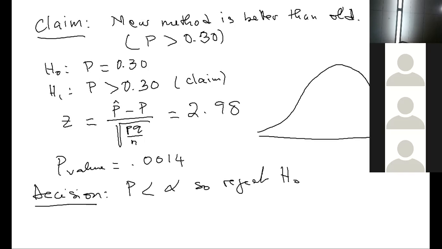As I told you before, we have two ways of analyzing this. Either we think about the critical value and then position 2.98 somewhere here, and we will say that it is in the rejection region because it is after the critical value.